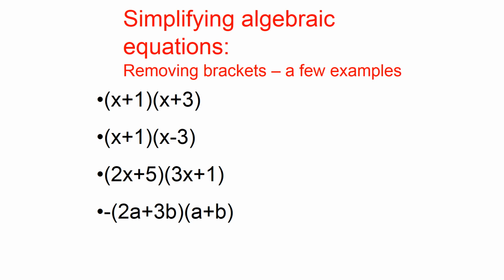So that's a plus or minus, we can get rid of that plus now. Then we've got minus 3b times a, minus 3ba. And minus 3b times b, so plus minus 3b squared.